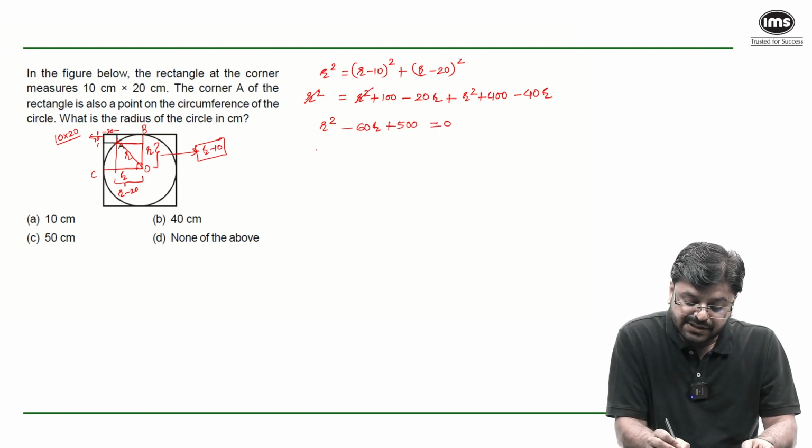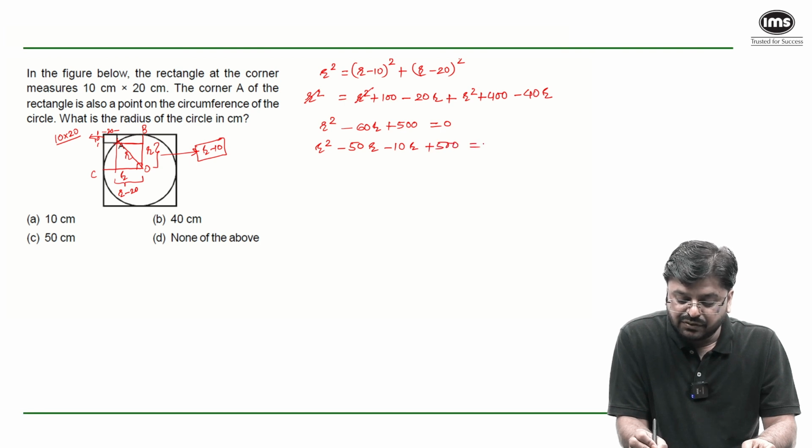Now let's factorize this. It is R square minus 50R minus 10R plus 500 equal to 0. Take R common: R into (R minus 50) minus 10 into (R minus 50) equal to 0. So we get (R minus 10) into (R minus 50) equal to 0.